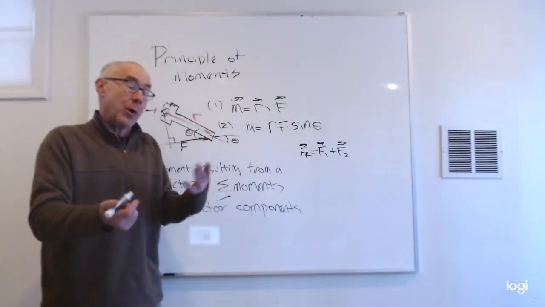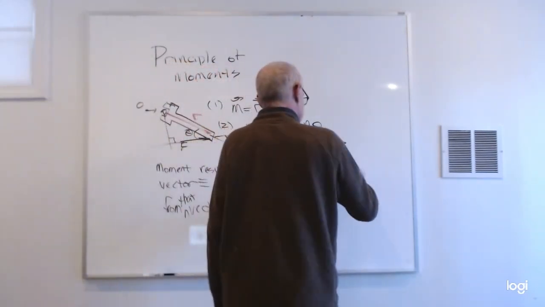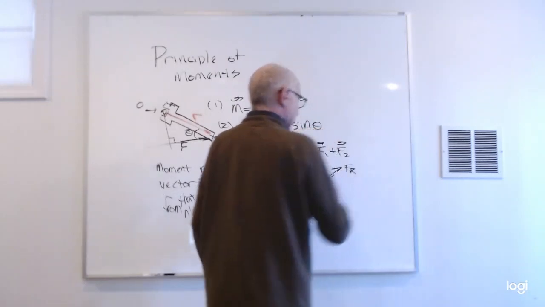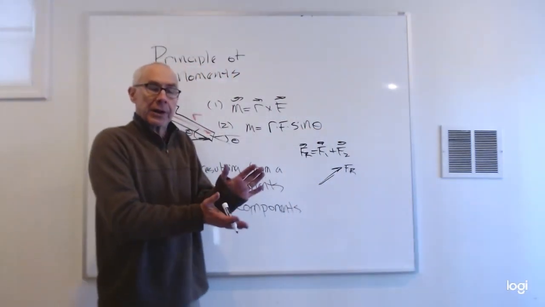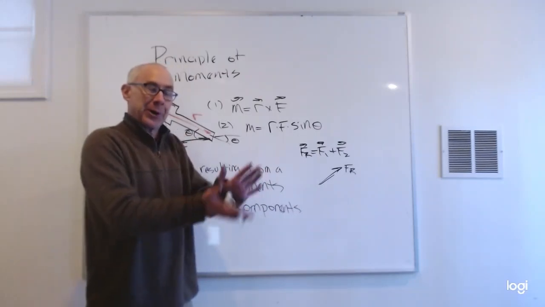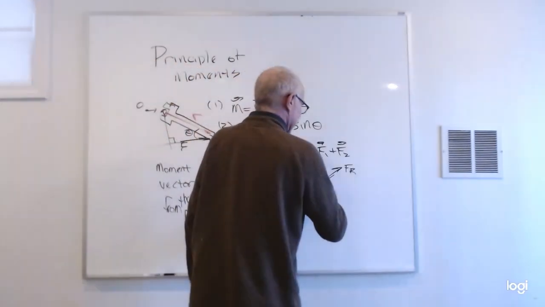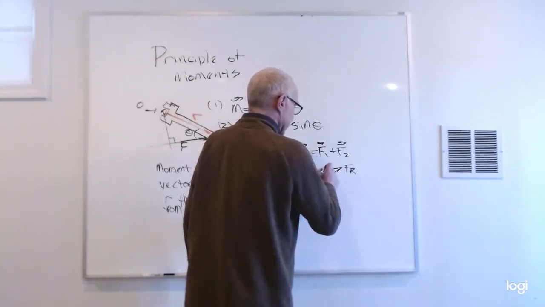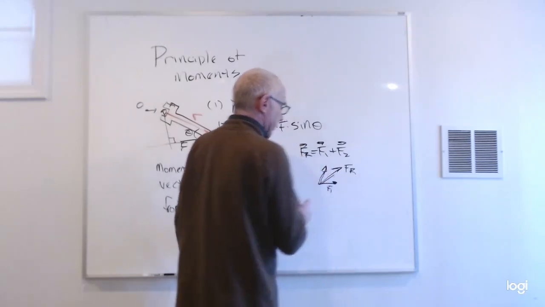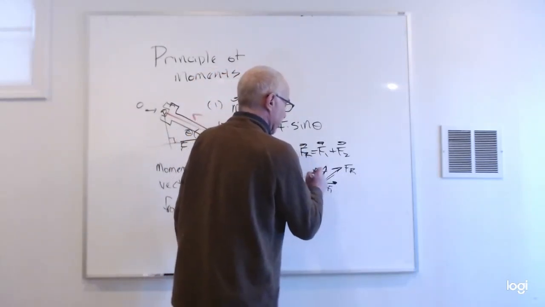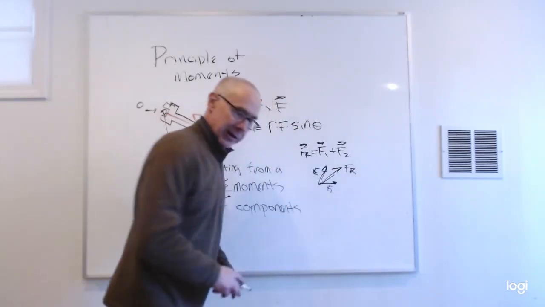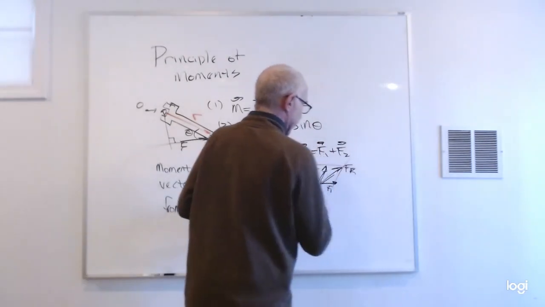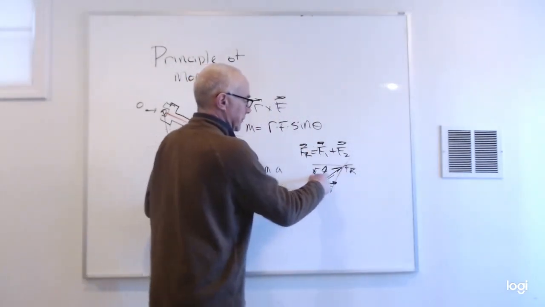In the general case, this might be my F_R, and then F1 and F2 point off in different directions, but they have to sum to that F_R value. Using the parallelogram rule, F1 plus F2 is equal to F_R.